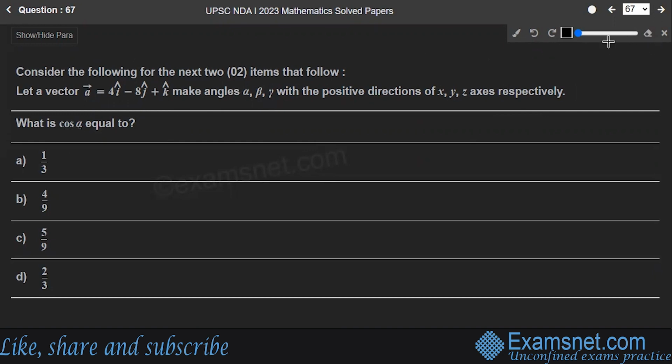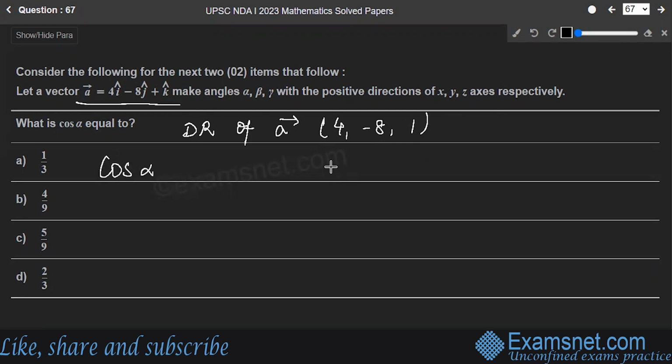The very first thing is that you are given the direction ratios. The direction ratio of vector A is 4, minus 8, 1.